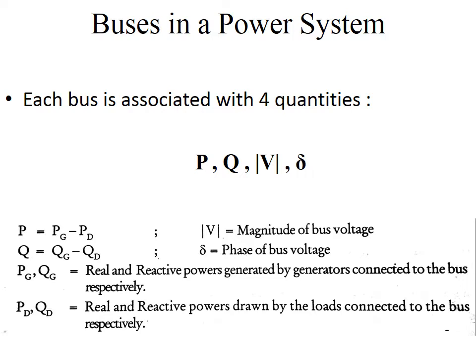bus. Therefore, each bus in a power system is associated with four quantities, and they are real power P, reactive power Q, magnitude of voltage, and phase angle of voltage delta.